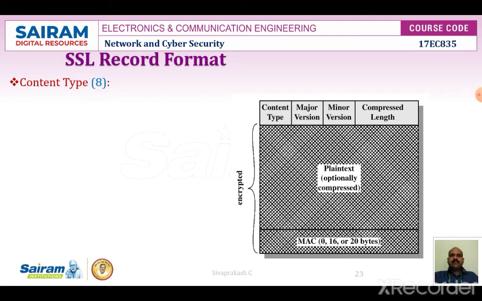Meanwhile, when you use a stream cipher, we can use RC4-40 with a key of 40 bits, or RC4-128 with a key of 128 bits. For the stream cipher, the compressed message plus the MAC are encrypted. For a block encryption, padding may be added after the MAC prior to encryption.